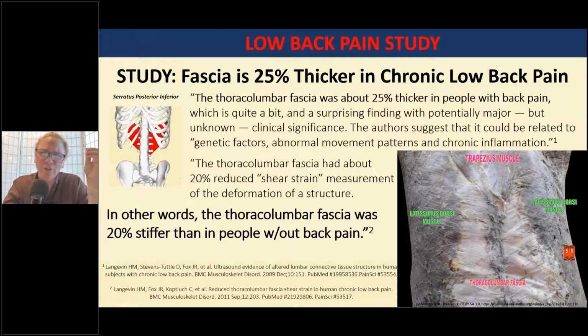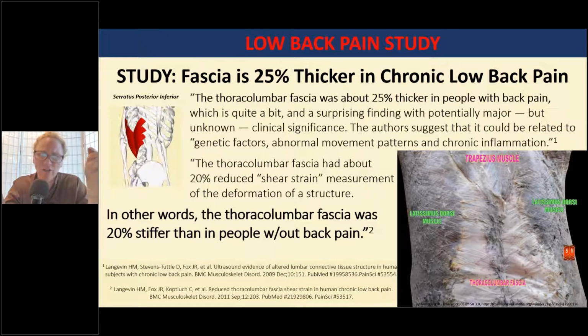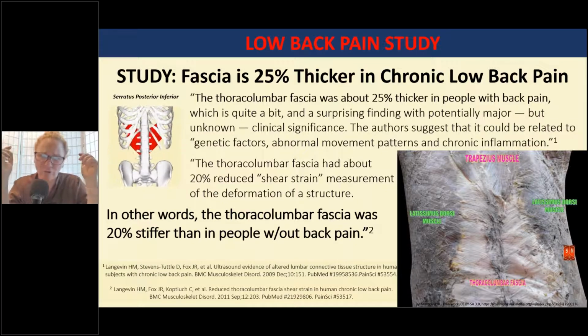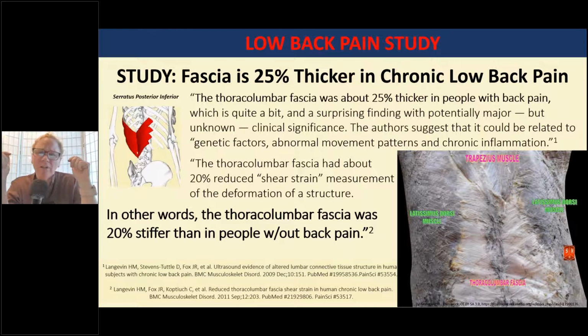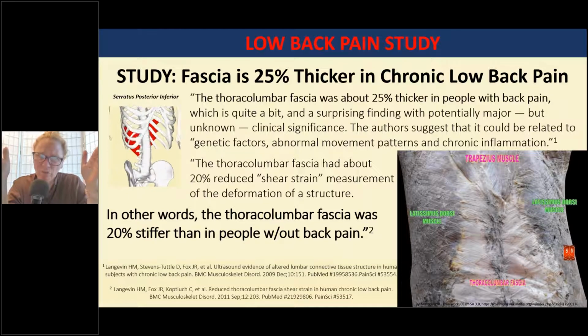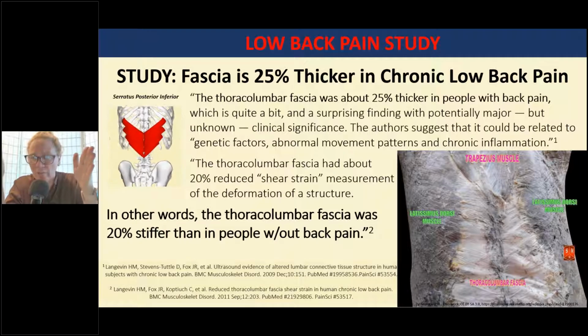I want to share with you this study about fascia. We review several different studies in our myofascial courses at the school. But in this study, they said that the fascia, the thoracolumbar fascia, was 25% thicker in chronic low back pain clients than people who did not have chronic low back pain.